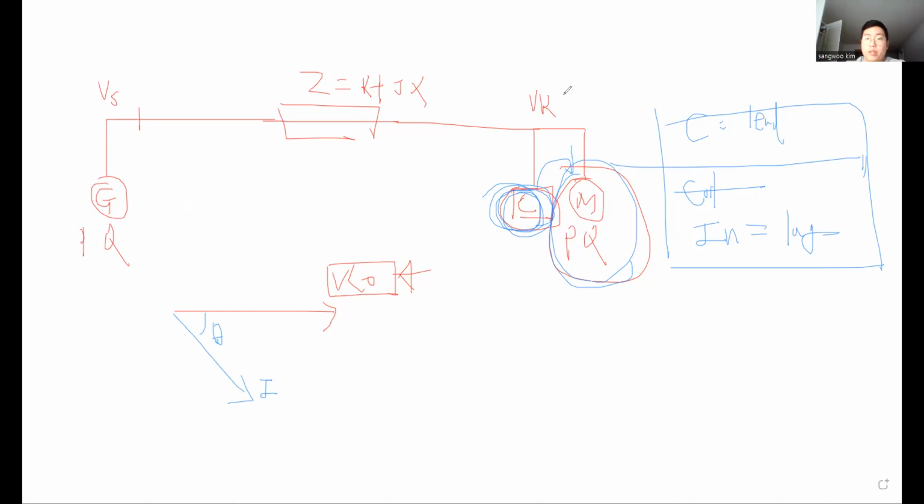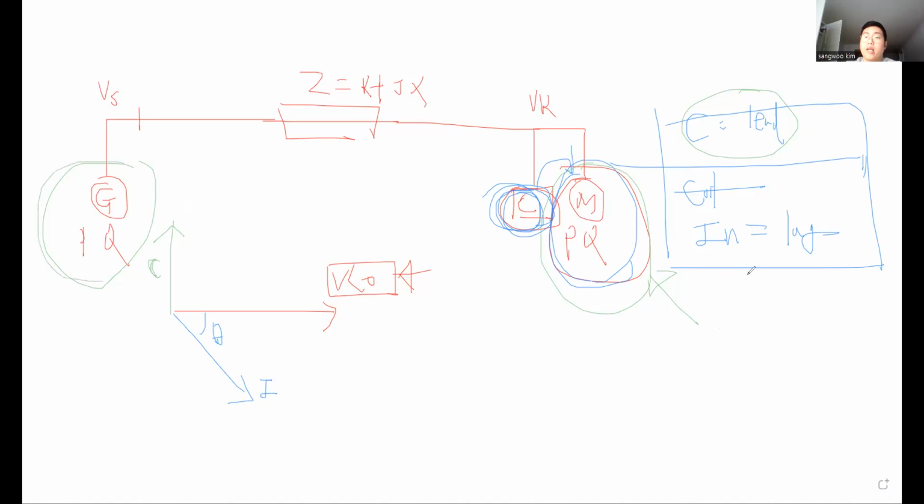First of all, look at that. The C is leading, right? Leading means in front of them, it exists. But the motor is a consumer, not a supply.